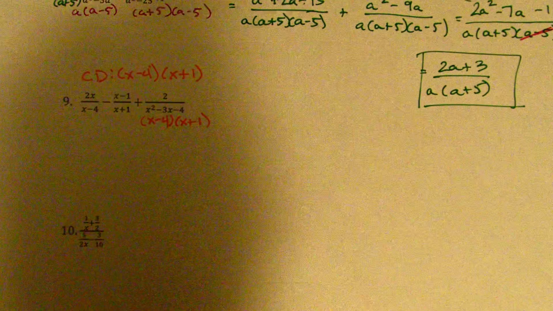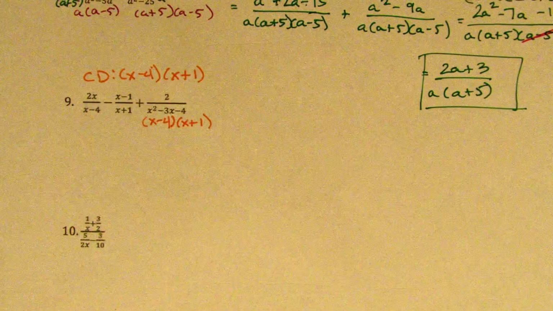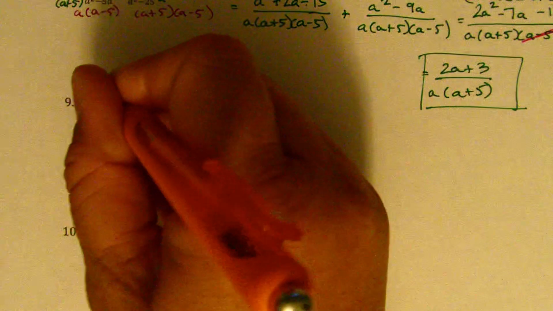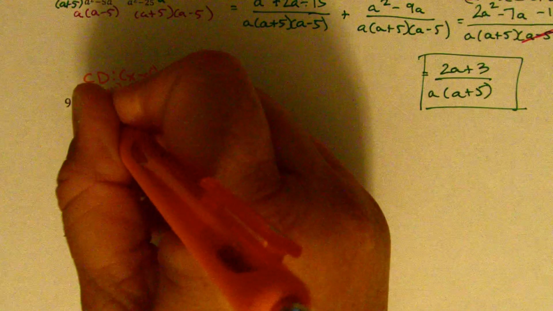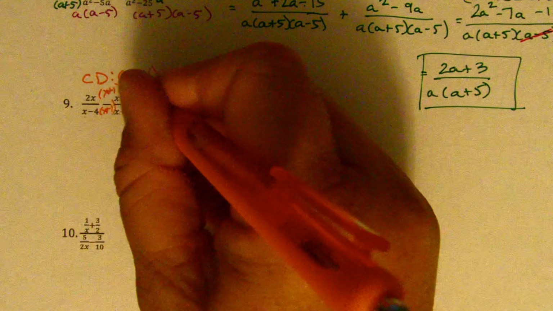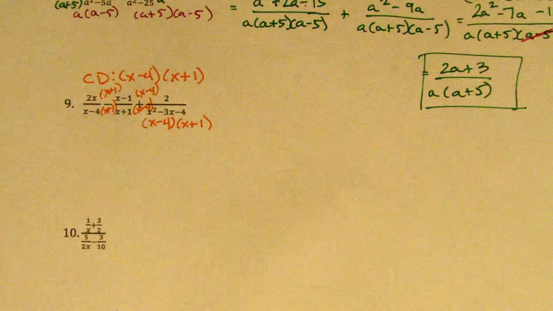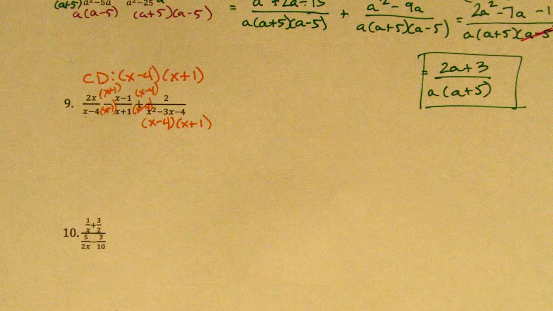The last one already has the common denominator. The first two fractions each have a missing piece. This one needs the x plus 1. This one needs the x minus 4. I know I'm squeezing those in real small; we're just putting the missing factors there.